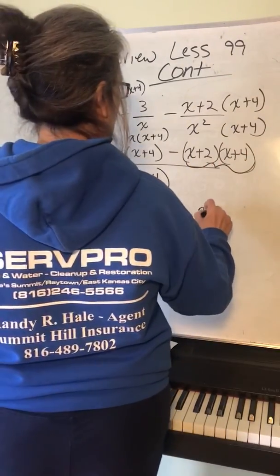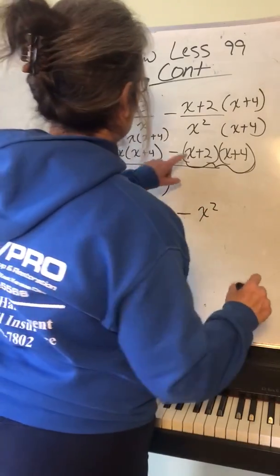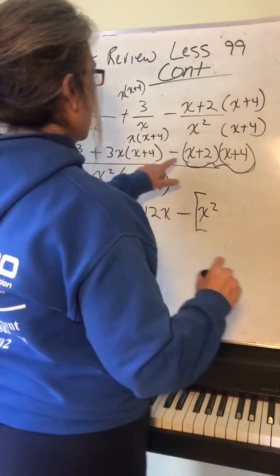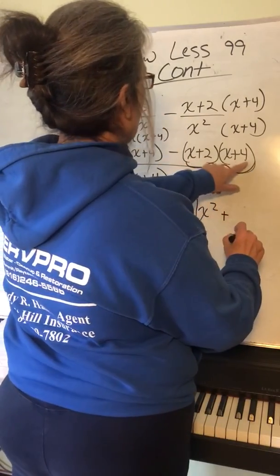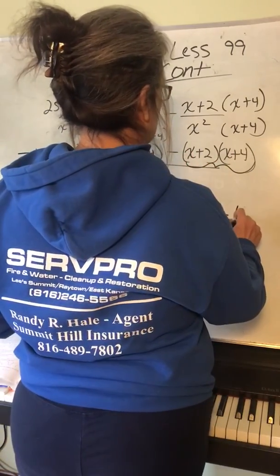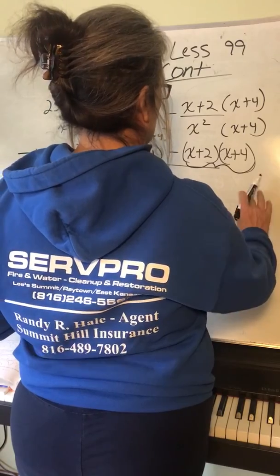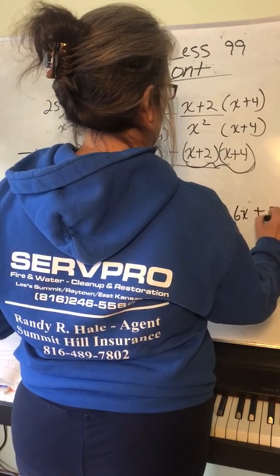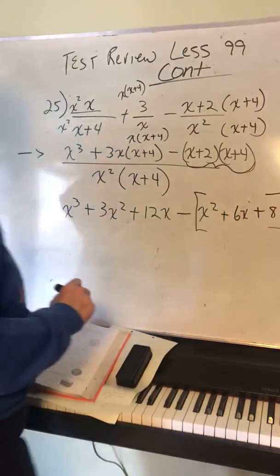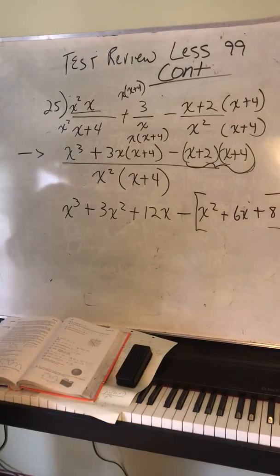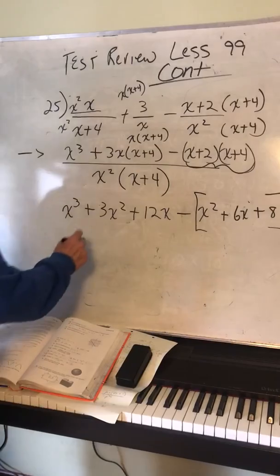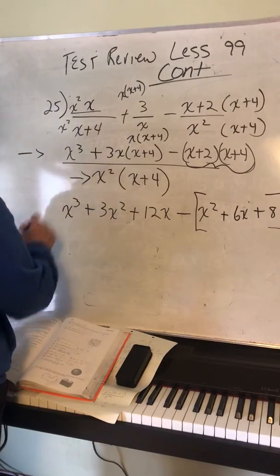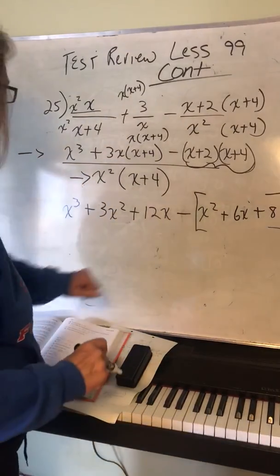We end up with x squared plus 4x plus 2x, 6x, plus 8 for this one. Okay, what else can we do? Looks like the bottom stays the same. Let's just work with this on the top.